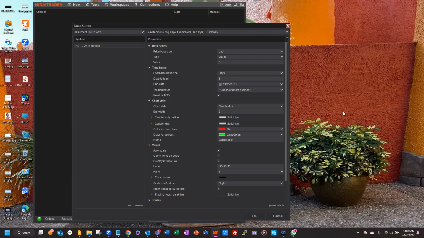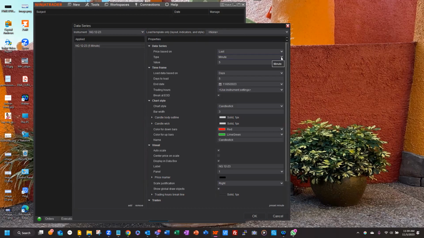All right, this is just to set up the chart that you're about to see after we get it all configured. So what you want to see is the annotation tool. Going from the top down, you'll leave it on last. The type will remain, if we're going to do a minute chart, we'll change this to minute.